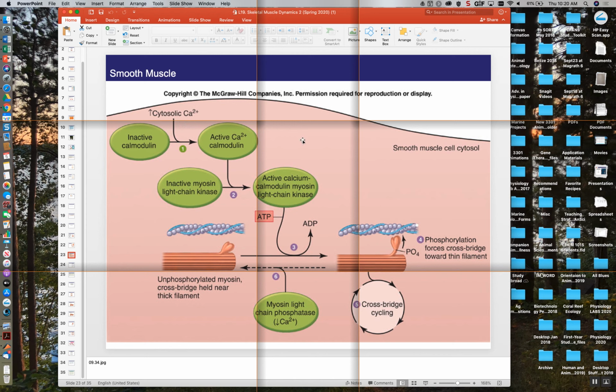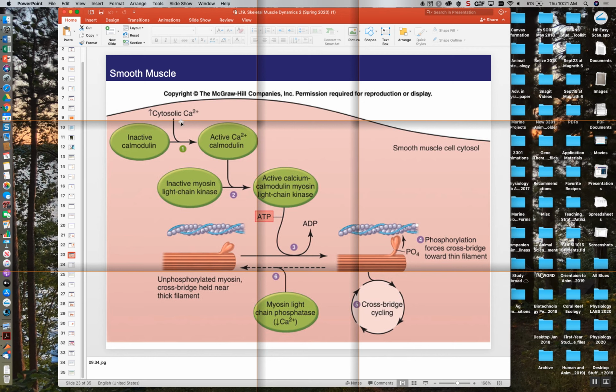A lot of times this is coming from internal stores, although the internal stores are a lot more minimal within smooth muscle compared to skeletal muscle. So a lot of the calcium comes from the extracellular fluid, or if there is some kind of Gq coupled receptor, it's more of a minimal sarcoplasmic reticulum, SR. Okay, so here's where we start off. You get an increase in cytosolic calcium.